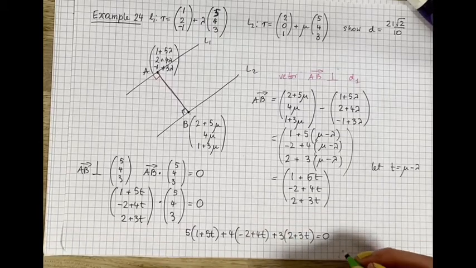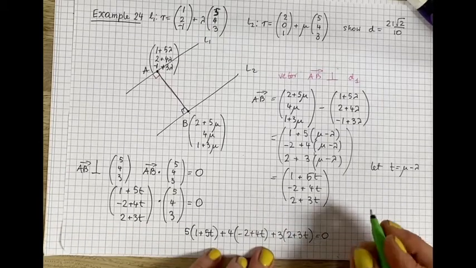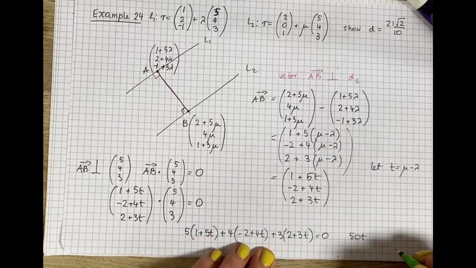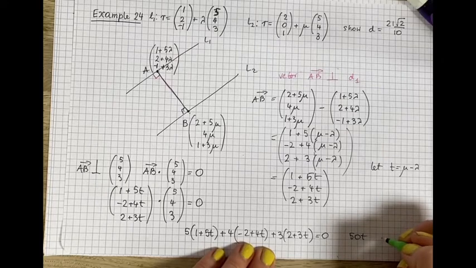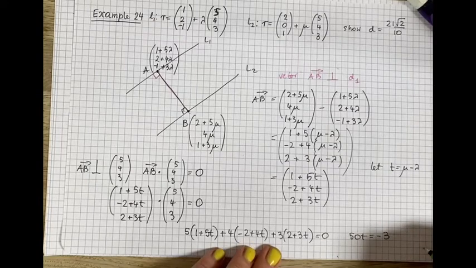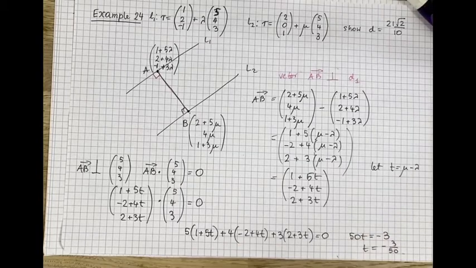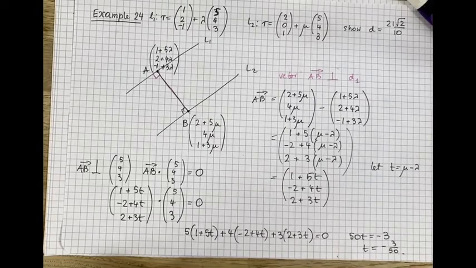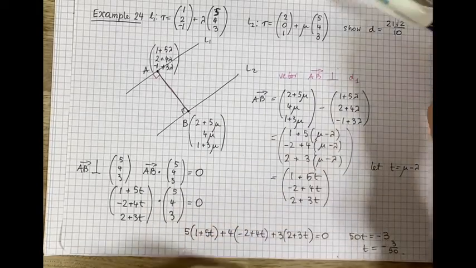Now, if you solve this, you should get 5 plus 50t minus 8 plus 6, so that's minus 3 plus 50t. There you go. Now that gives me the value of t that will enable me to work out AB. So let's sub it into AB.